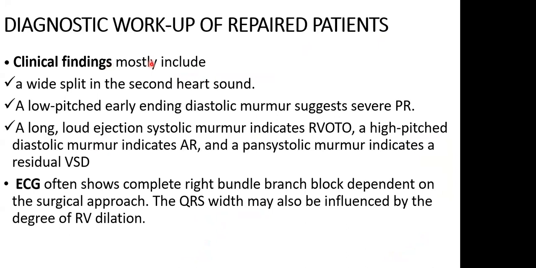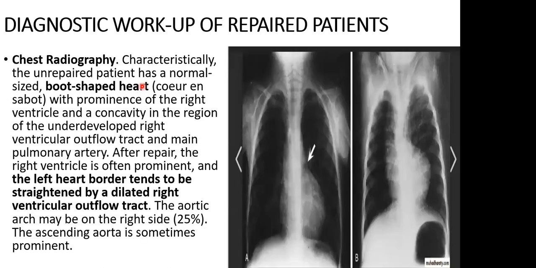So it causes a wide split second heart sound in these patients. Then they can also present with a low pitch early diastolic murmur that is suggestive of severe pulmonary regurgitation. They can also present with systolic murmurs from pulmonary stenosis as well. Then ECG often shows a complete right bundle branch block depending on the surgical approach in these patients.